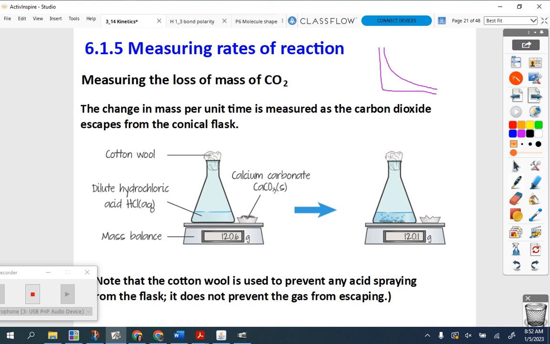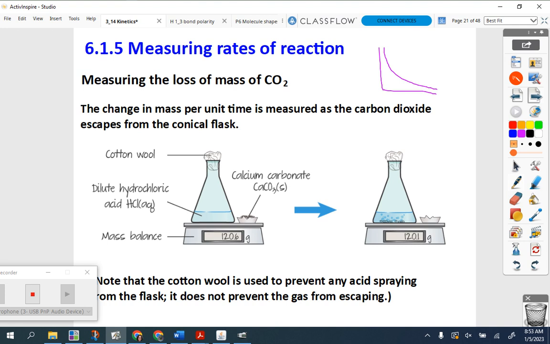This is showing a very common lab where you take marble chips, which is calcium carbonate, throw them into acid, and it produces carbon dioxide. And so as the carbon dioxide bubbles up out of the solution, it gets released, and we put something in the top of the flask that keeps any splashes from getting out, any liquid or solid mass from getting out of the container, but allows the gas to escape.